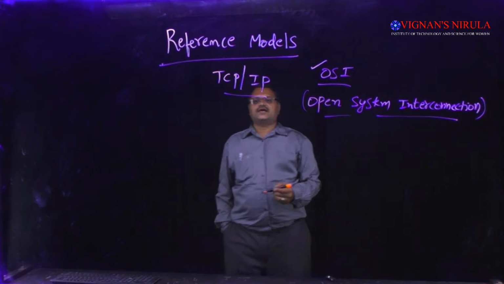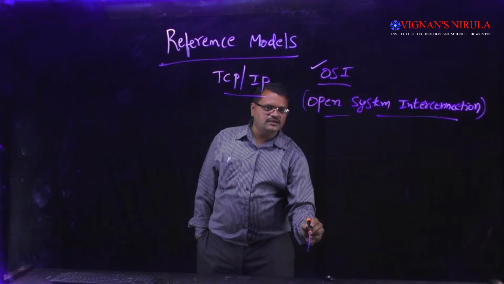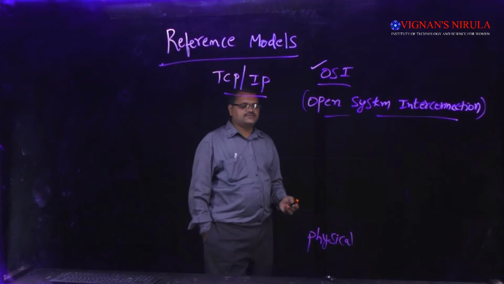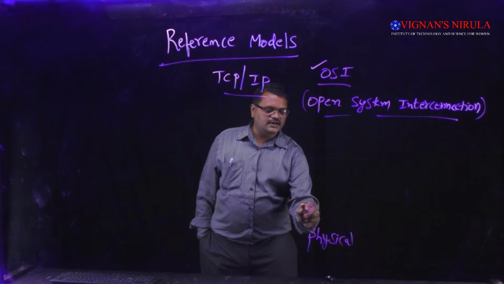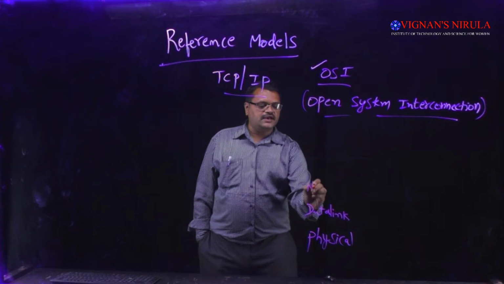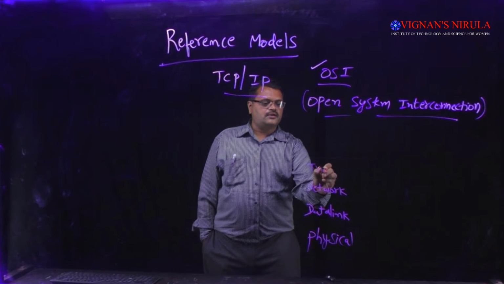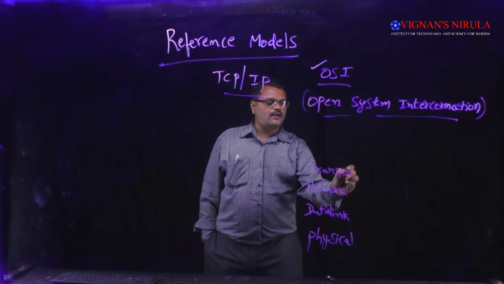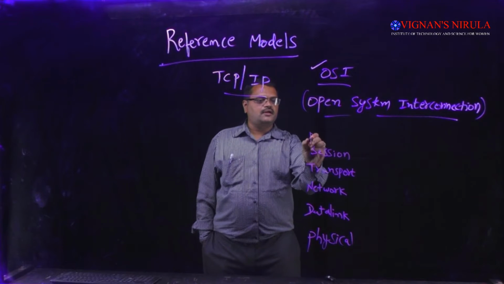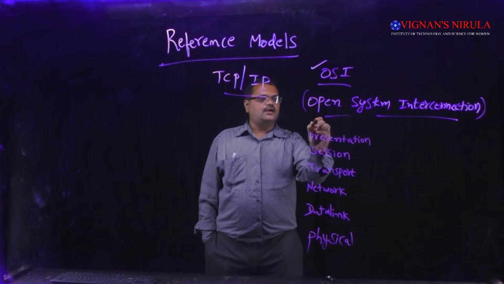This OSI consists of 7 layers. Those are, first one is the physical layer. Next is data link, next network layer, transport layer, session, presentation and application.